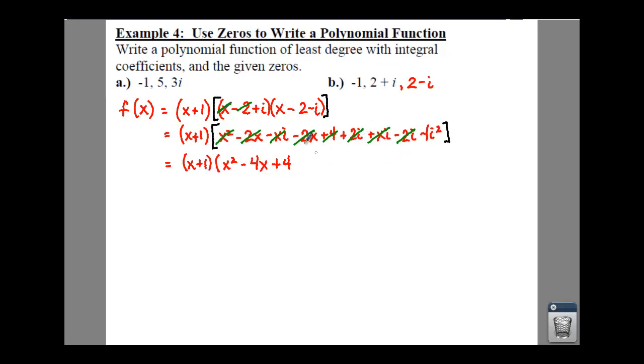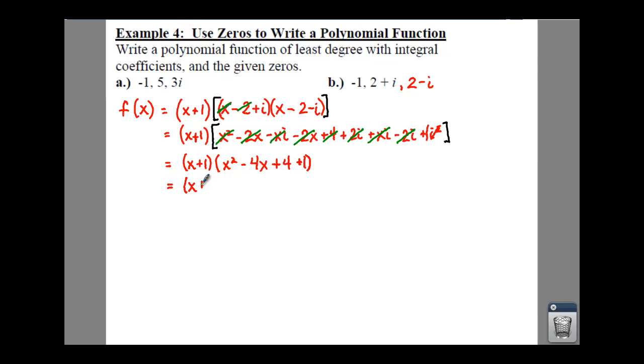And then I have a -i squared. So remember, your i squared is going to make this -1 a +1. Notice we have gotten rid of all of your i's. That's the reason why we have to have your second 2 minus i here.